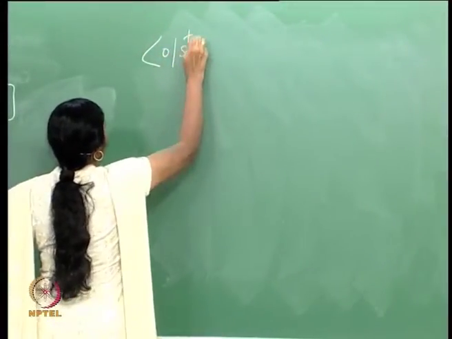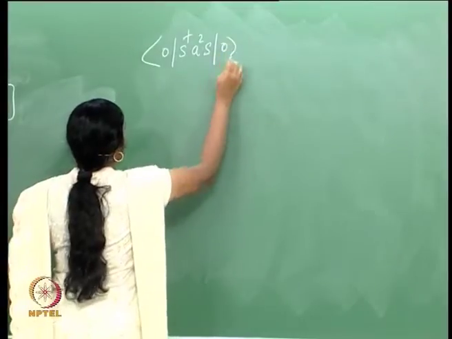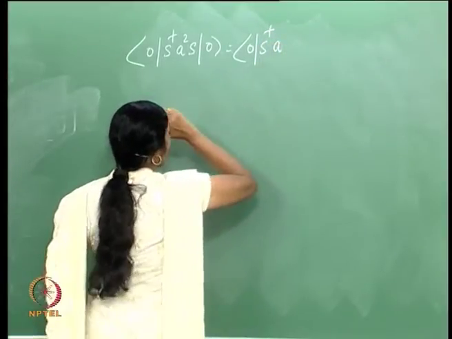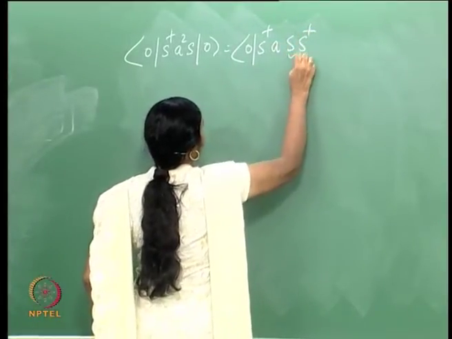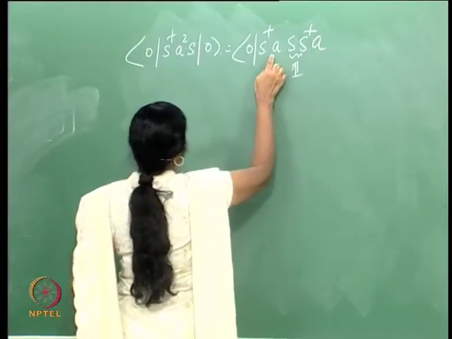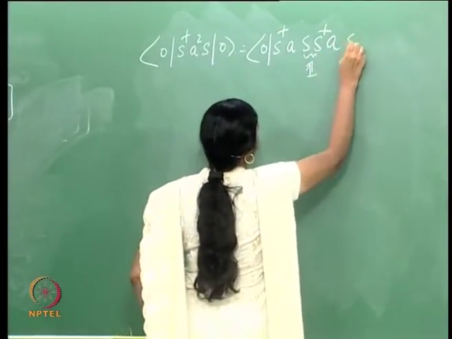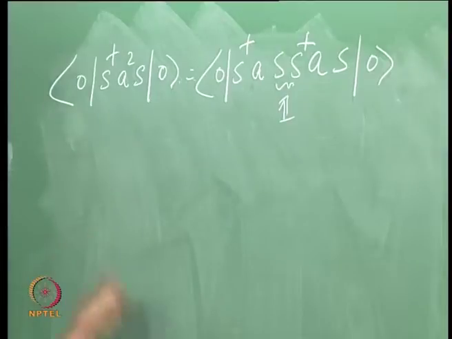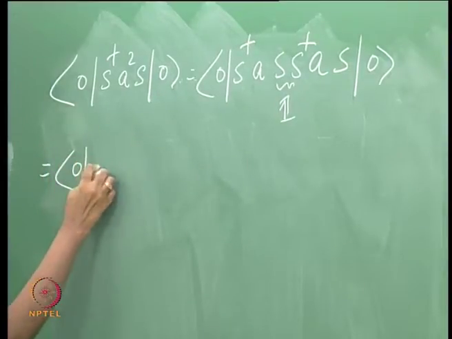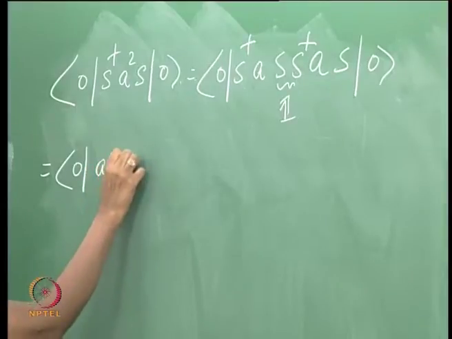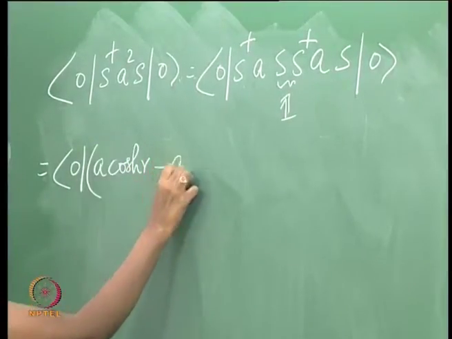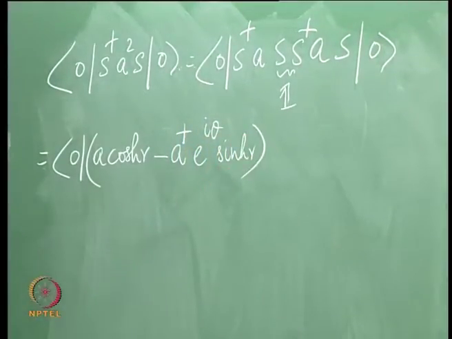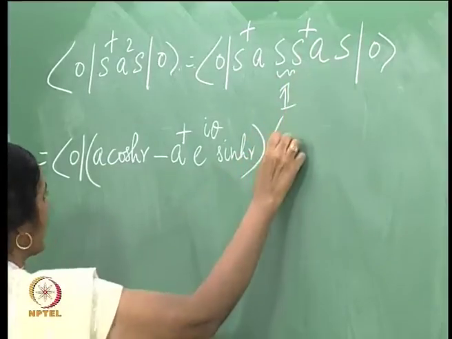Now, 0 S dagger a squared S acting on ket 0 can be written as 0 S dagger a, and I can insert an S dagger S because this is the identity out there. The a squared was written as a times a, S ket 0, but I know what S dagger a S is, and therefore this is 0 S dagger a S is a cosh r minus a dagger e to the i theta sinh r. That repeats because there is another S dagger a S here.